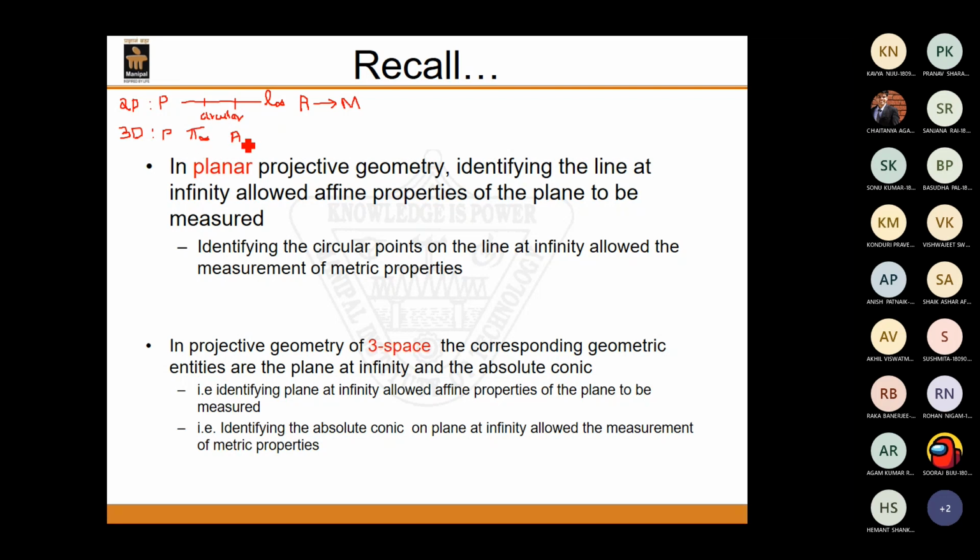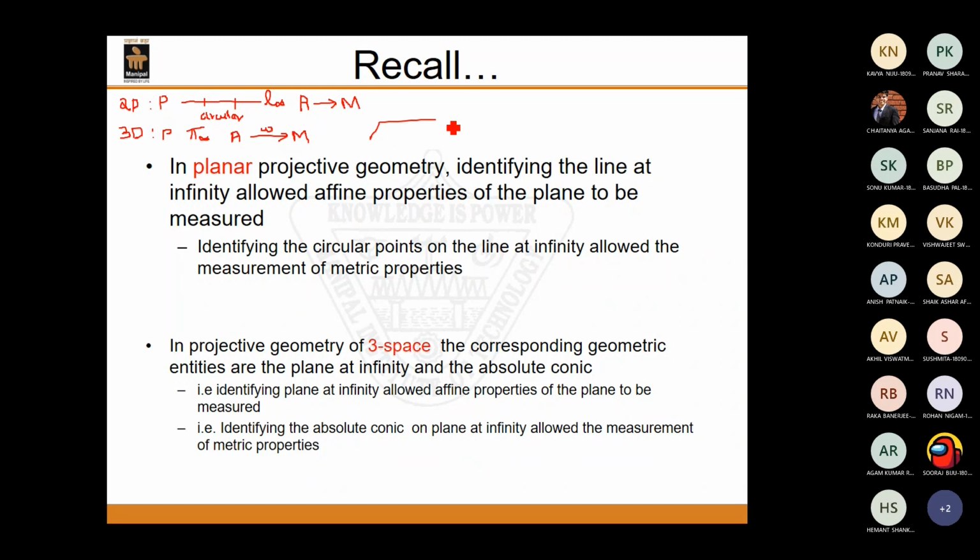Now, from the plane at infinity, if we can identify the conic, the absolute conic, it is analogous to finding the circular points on the 2D space. In the 3D space, it becomes the absolute conic. And if we are able to identify this absolute conic, then what I can say is I'm no longer in the affine space, but I'm in the metric space. Just here I can represent it this way.